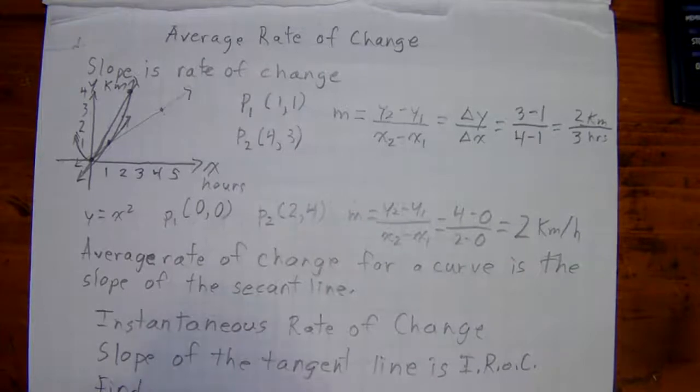Finding this slope is tricky because we only have one point.